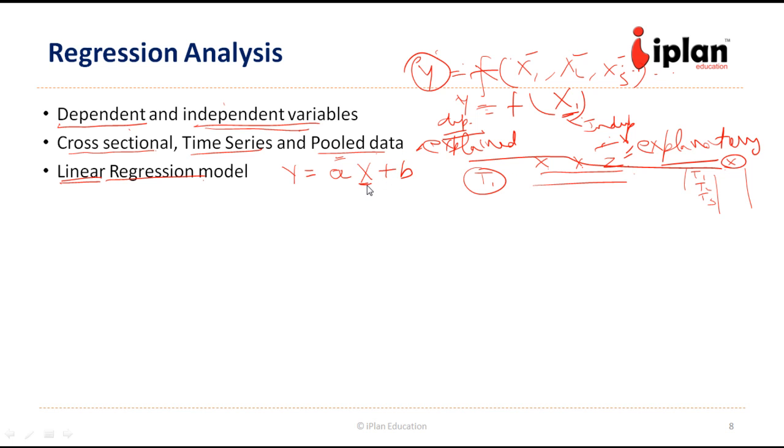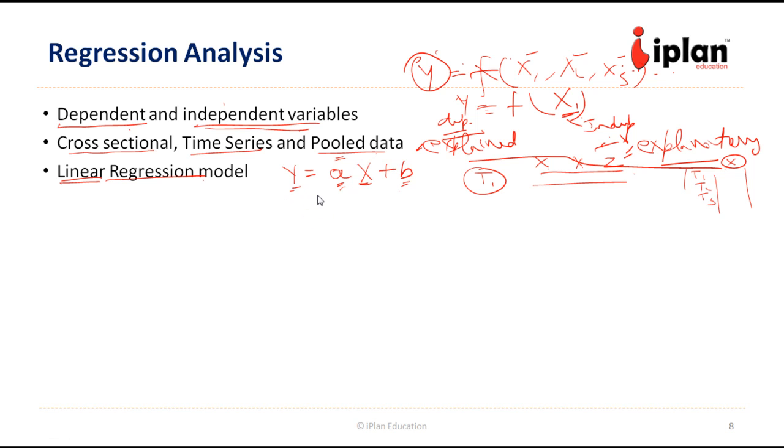X is our independent variable, y is the dependent variable, a is our slope coefficient and b is the intercept coefficient. So this is a linear relationship which we are trying to establish, and through regression we will find out what the values of these variables are. For that we are going to estimate using certain estimators.